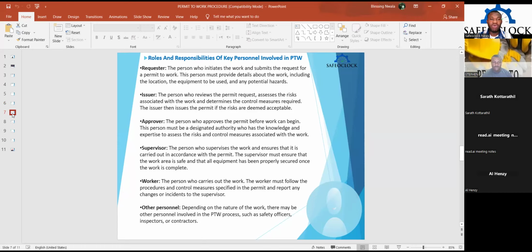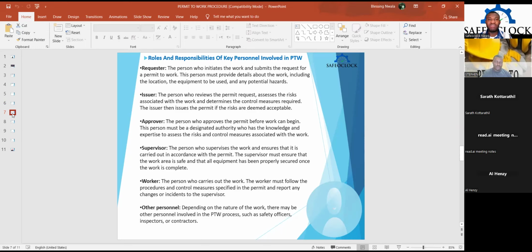So Stephen has actually discussed the roles and responsibilities of those involved in a permit to work, so I won't go through all of them again. But one of the people I want to talk about are other personnel, in the sense that there are people who will be affected by your activities. In as much as they are not directly part of your activity, it does not mean they are not part of the consideration while obtaining permits. So there is what is called SIMOPS, or simultaneous activities.